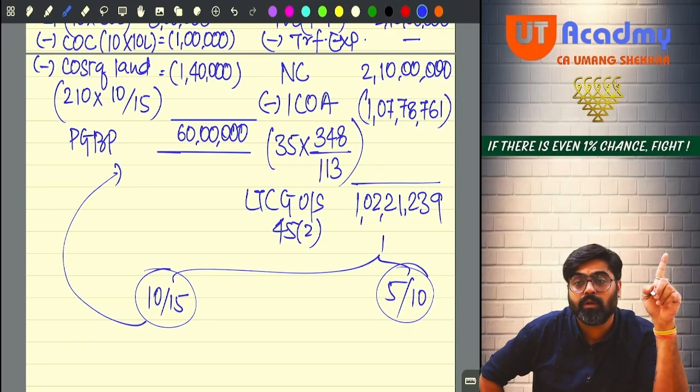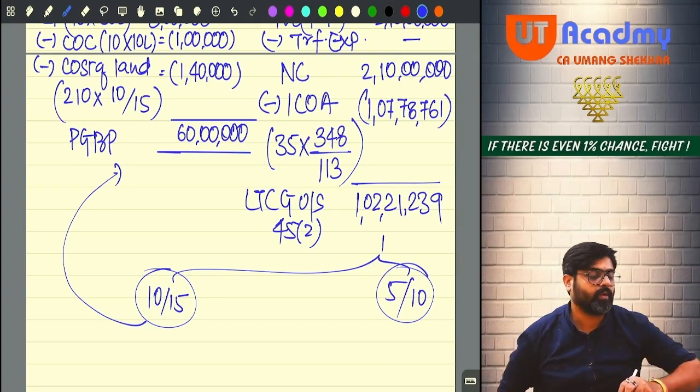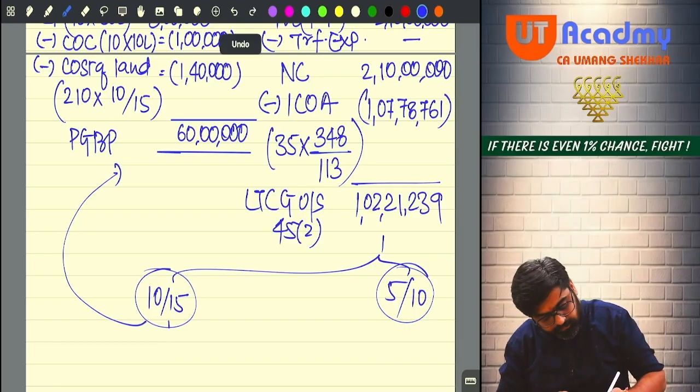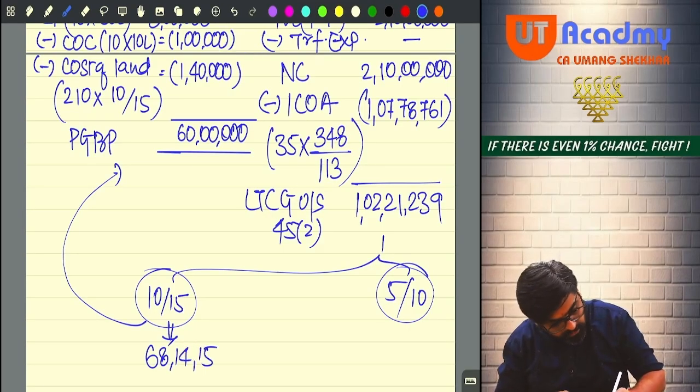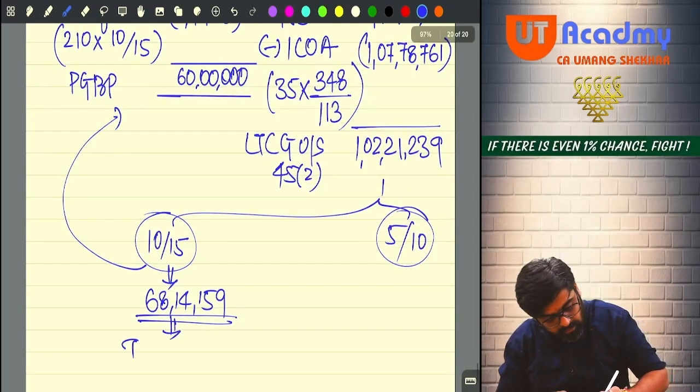Yes or no? So right now, into 10 divided by 15, it will be 68 lakh 14,159. That will be the capital gain which is taxable.